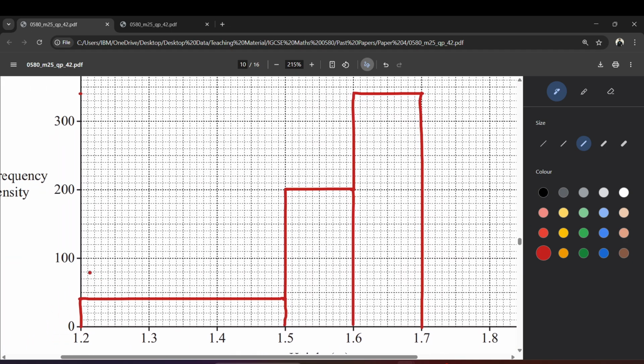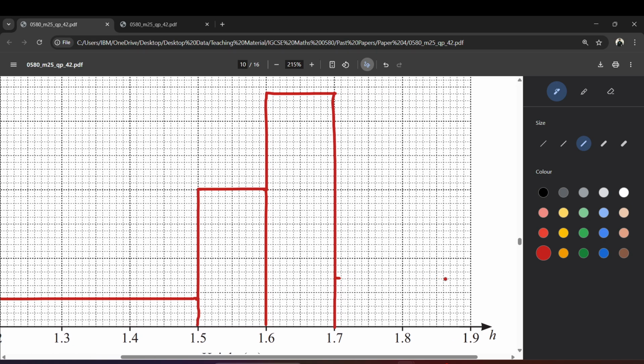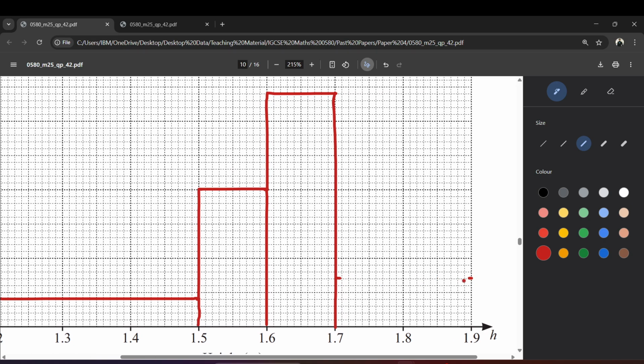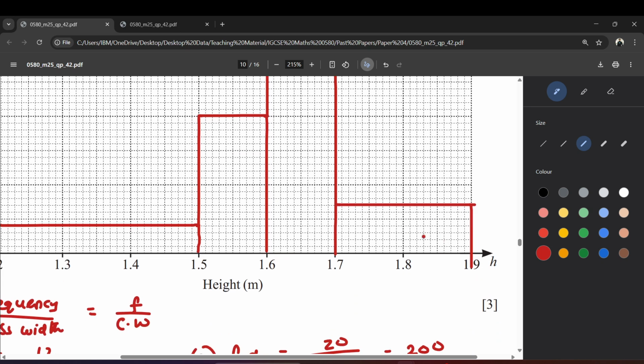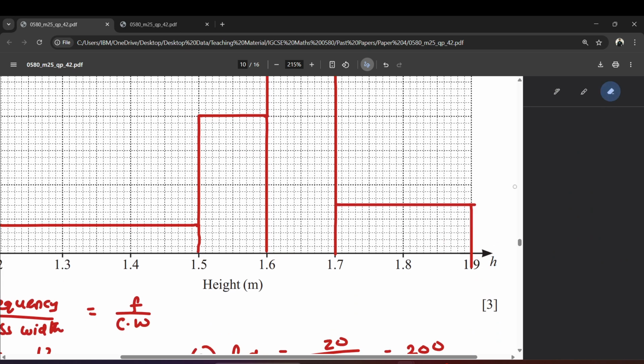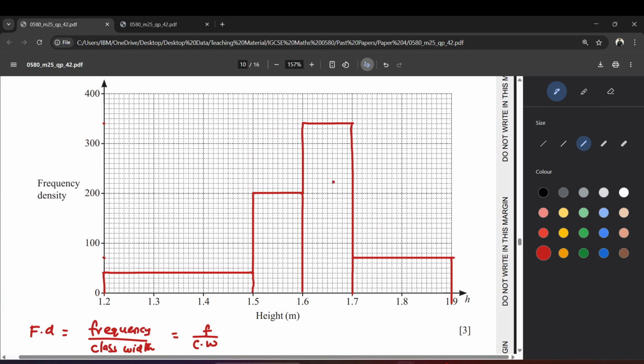Okay, so 70 is over here, so it should start from here and should go until this point. All right, so you can just avoid going outside the axis. All right, so other than that, this is how your histogram should look like.